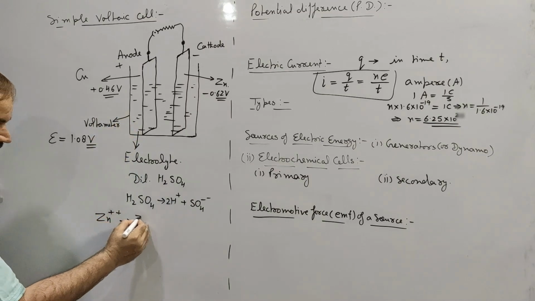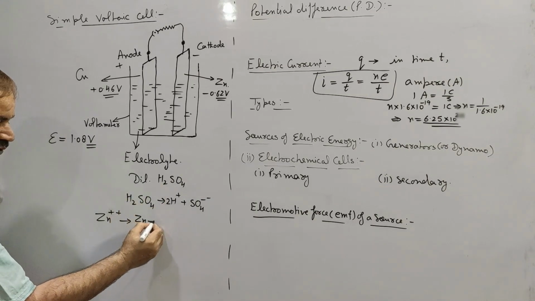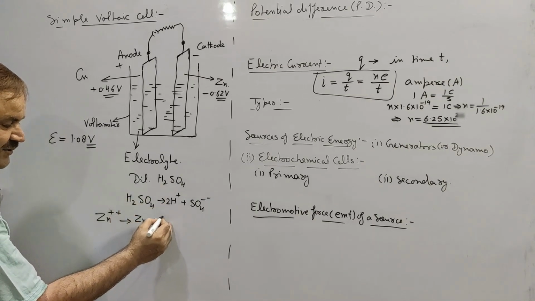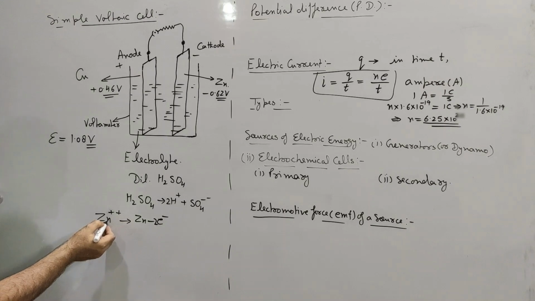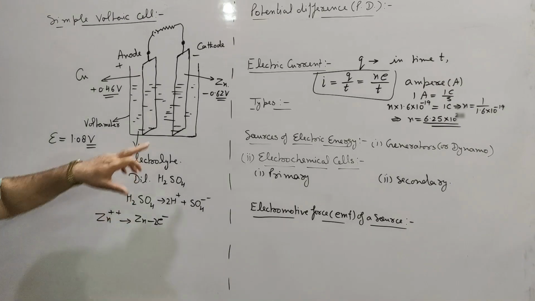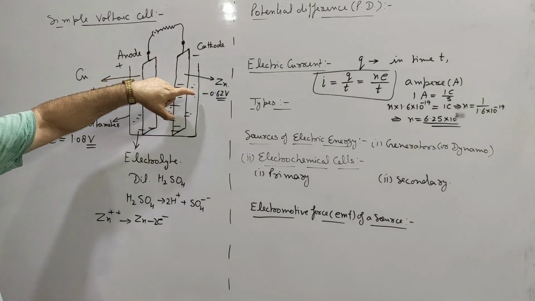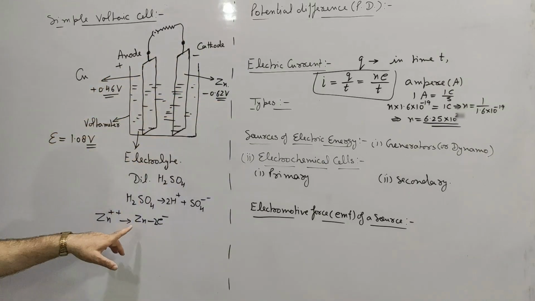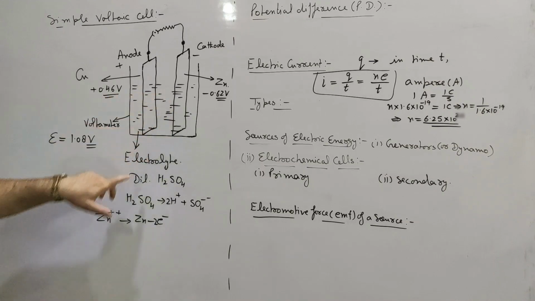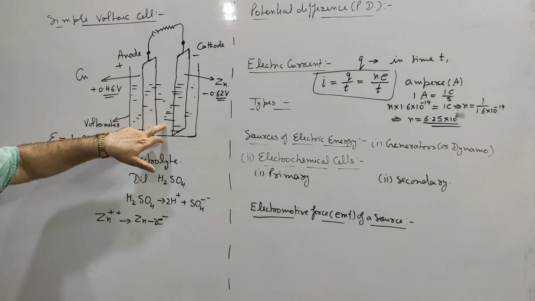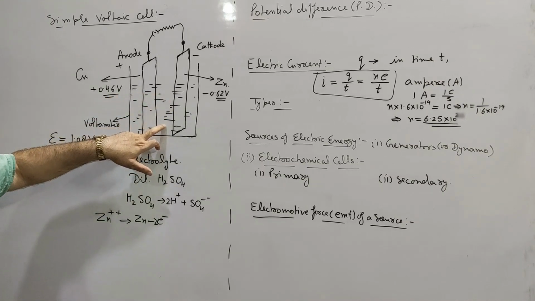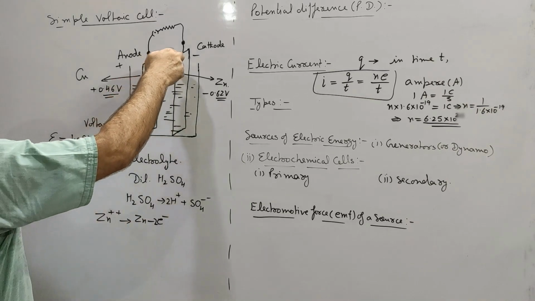It means zinc atom will lose 2 electrons to form zinc ion, and these 2 electrons will be retained by cathode to maintain its negative potential, while zinc atom in the form of zinc ion will enter inside the electrolyte.